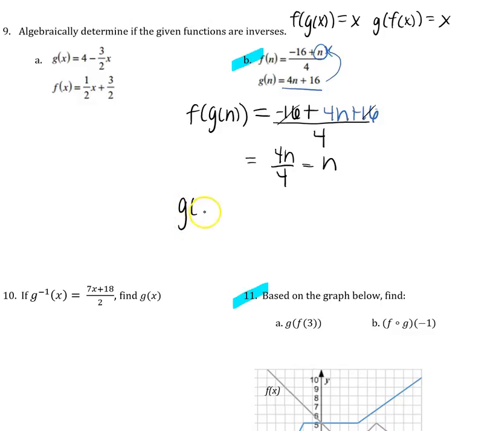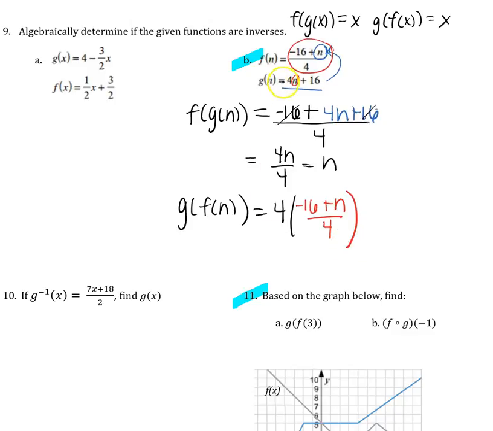So I'm going to do g of f of n. So I'll take my g function, and where I see n, I'm going to plug in my f function. So I've got 4 times, now n is going to be negative 16 plus n all over 4.